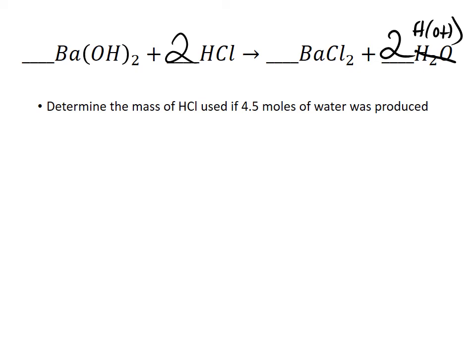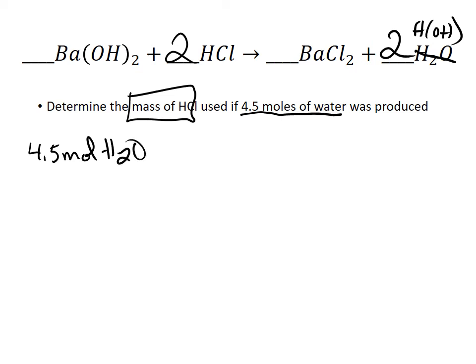Okay, we want to determine the mass of HCl used if 4.5 moles of water was produced. So 4.5 moles of water is what we start with. And we're going to say moles is on top, so moles goes on bottom.